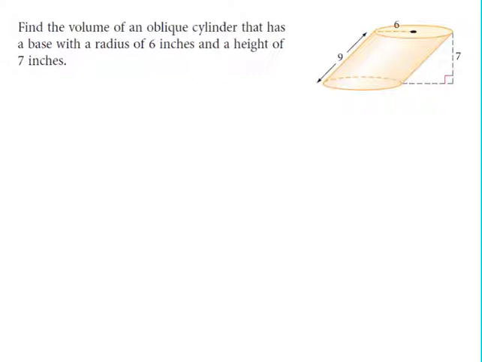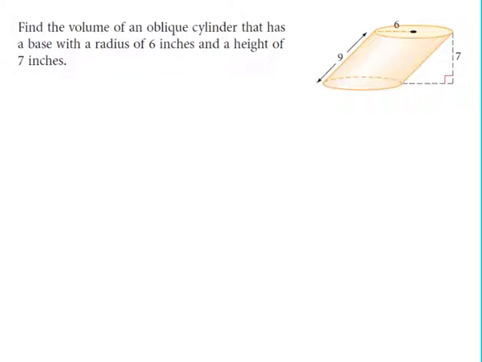Go ahead and find the area of the base for me. If you want to leave it in terms of pi, that is fine. 36 pi. So that's the area of the base.